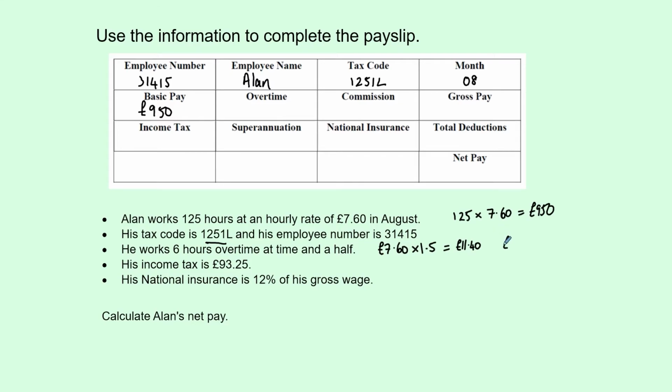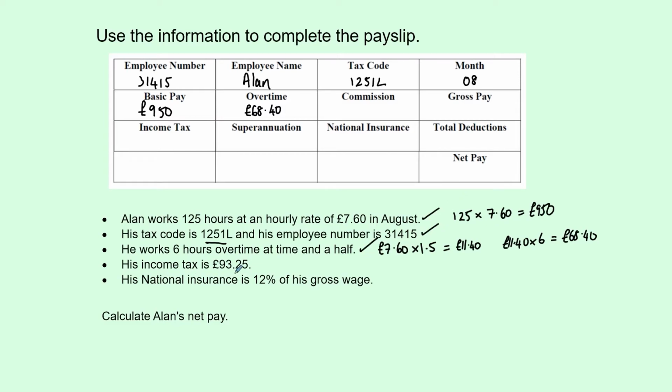So we're going to have £11.40 times 6. And that's £68.40. That can go into his payslip in the overtime. Tick that one. We've filled out the information from that.